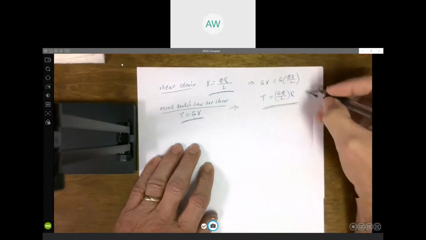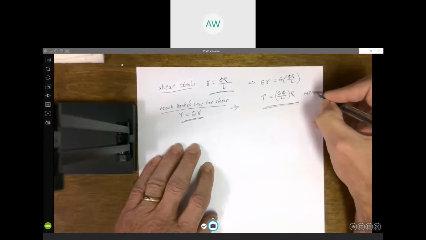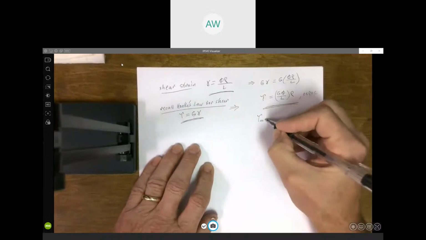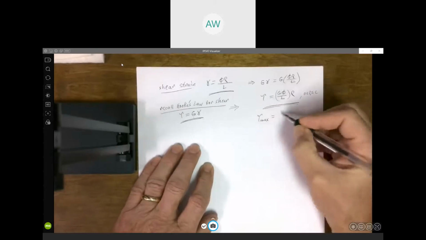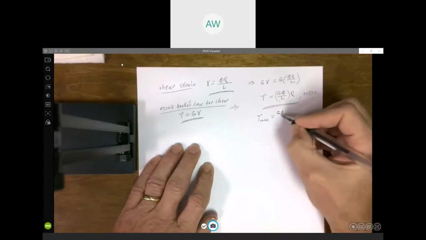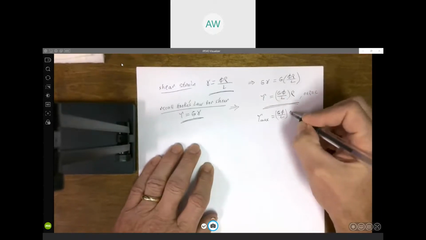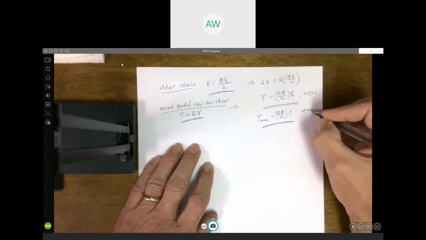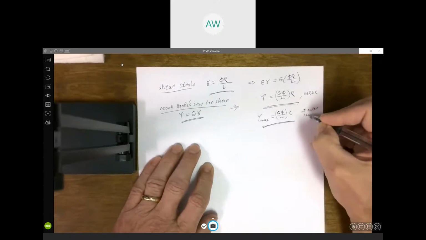That would be for any radius between 0 and C. The maximum is going to occur at C. So it would be G times phi over L times C. This is at the outer surface.